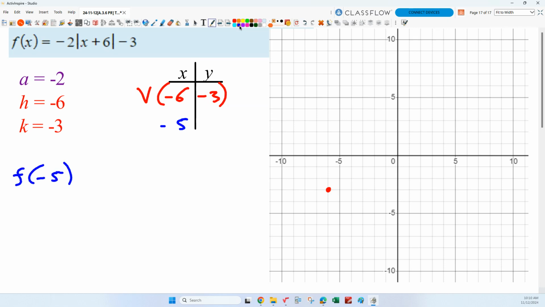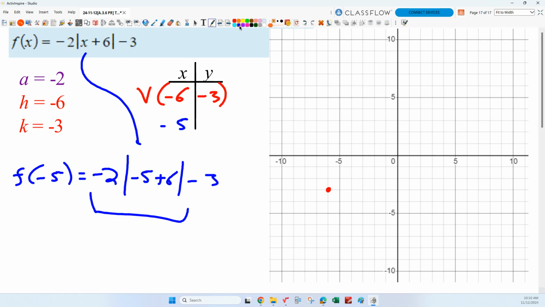If I plug -5 in for my input, I get -2 times the absolute value of -5 plus 6, minus 3. What's -5 plus 6? 1. What's the absolute value of 1? So then all this stuff becomes -2 times 1, which is just -2.